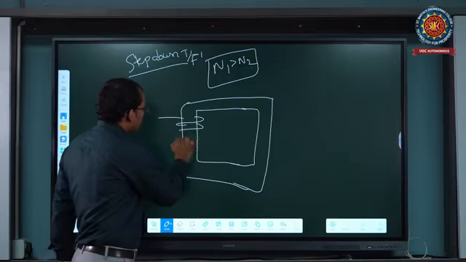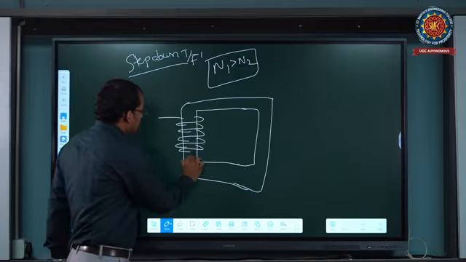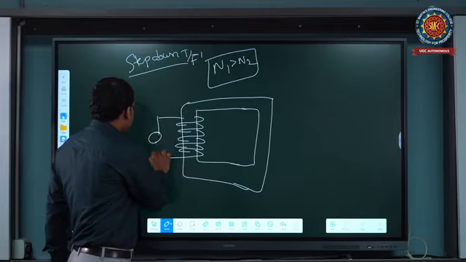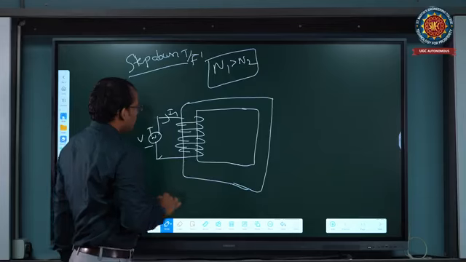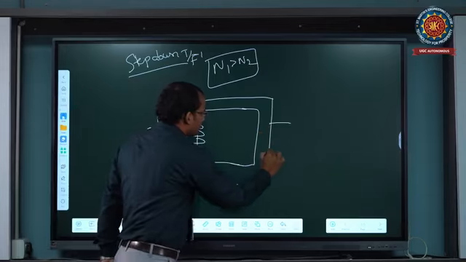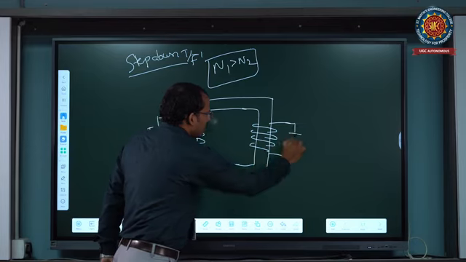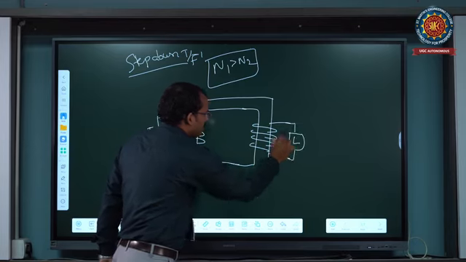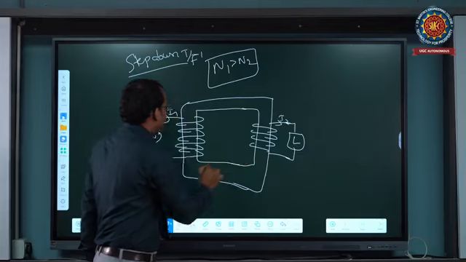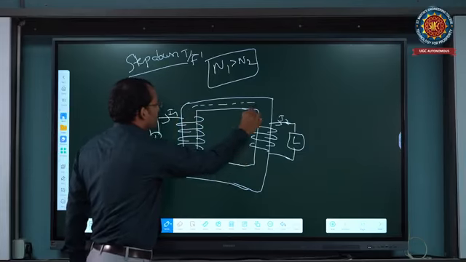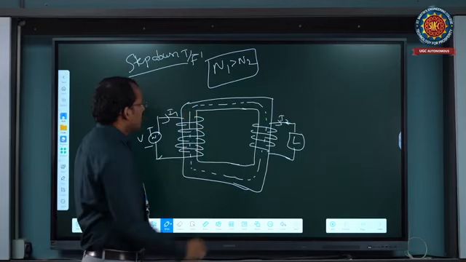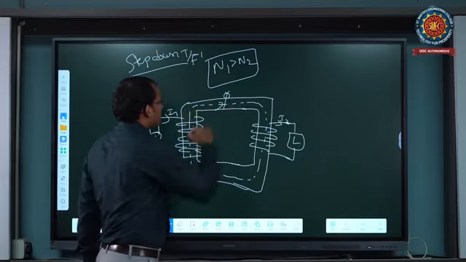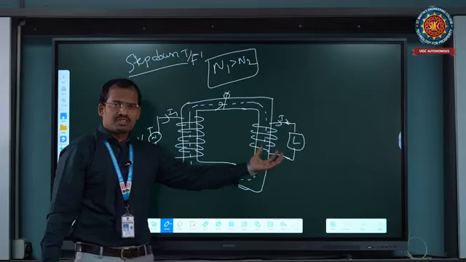See the diagram. This is the primary winding, connecting the voltage side, with current I1. Similarly, the secondary side has fewer turns compared to the primary winding. This is the load side, with current I2. By the mutual induction or electromagnetic principle, both interlink the flux from primary to secondary.